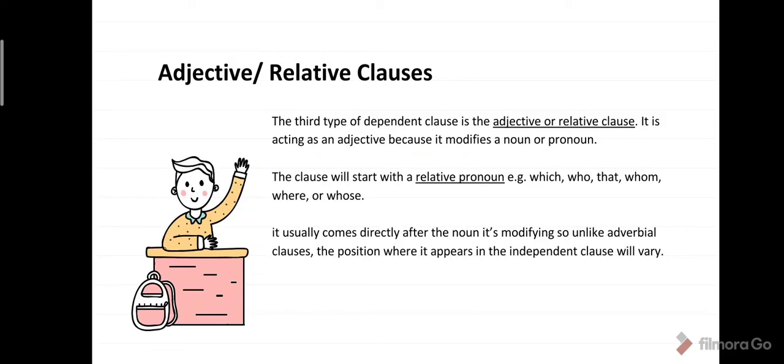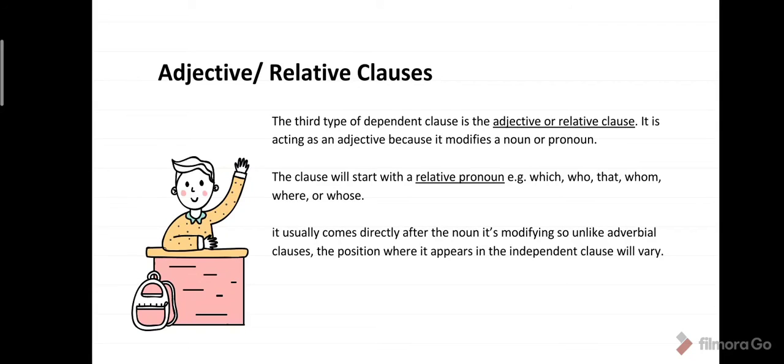The third type of dependent clause is the adjective or relative clause. It is acting as an adjective because it modifies a noun or pronoun. The clause will start with a relative pronoun, for example, which, who, that, whom, where, or whose.